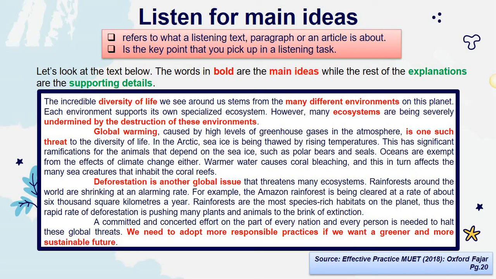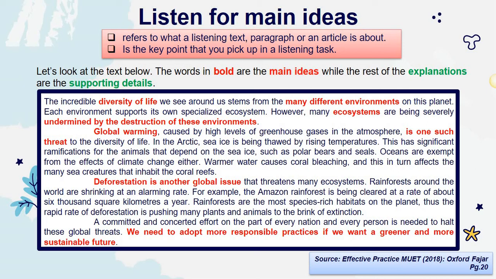Global warming caused by high levels of greenhouse gases in the atmosphere is one such threat to the diversity of life. In the Arctic, sea ice is being thawed by rising temperatures.